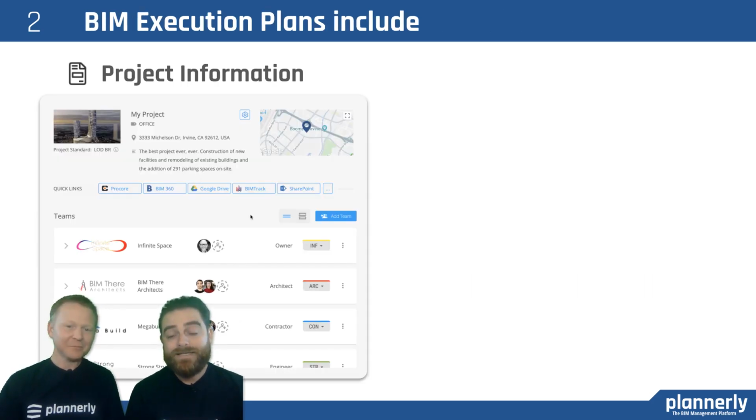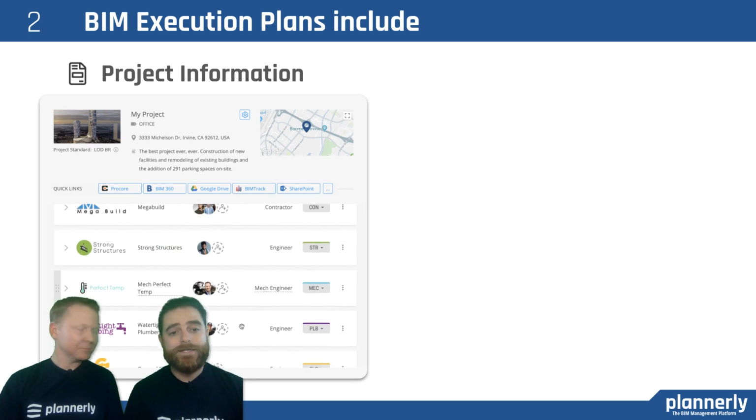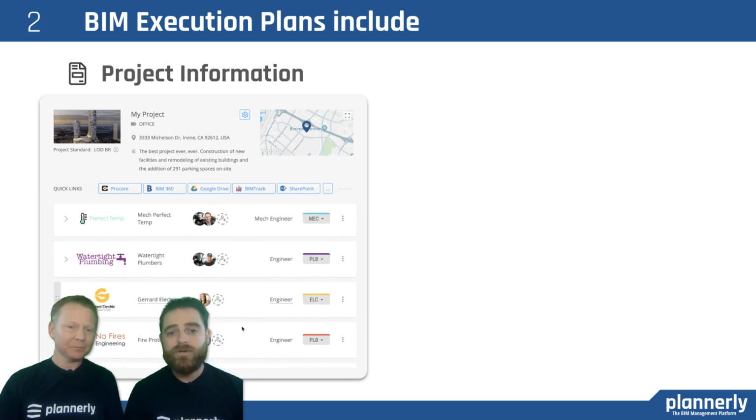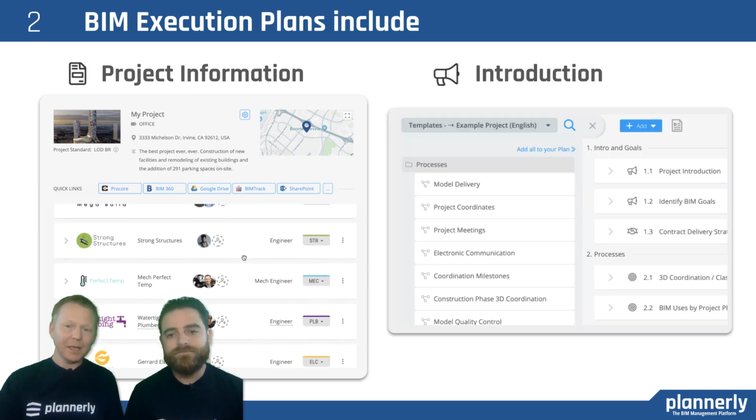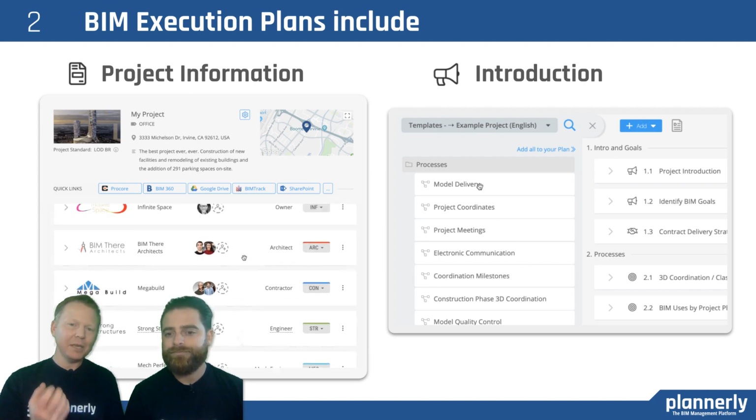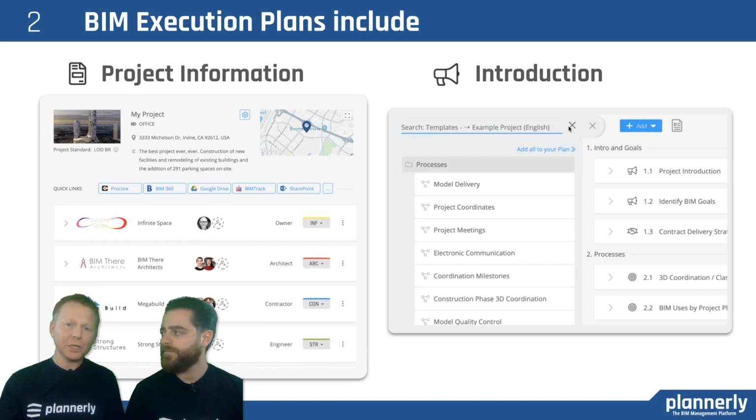Yeah, a typical BIM execution plan would have anything from project information, the contact team list, details, even links to other web applications, or just sharing where all of the files or models are stored. Yep. And introductions we mentioned there, but they could be different for each and every project that you work on.